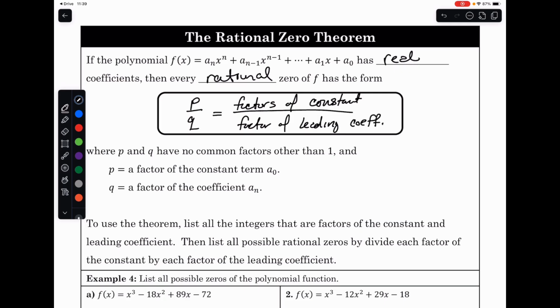So this number right here in the front. And of course, p and q have no common factor other than 1.